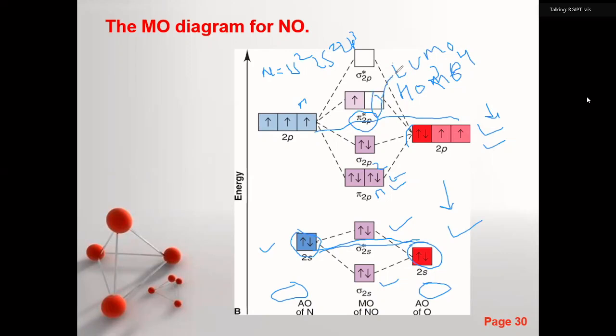This is the lowest unoccupied and highest occupied molecular orbital. And this is the highest unoccupied orbital because it is in the highest energy level.